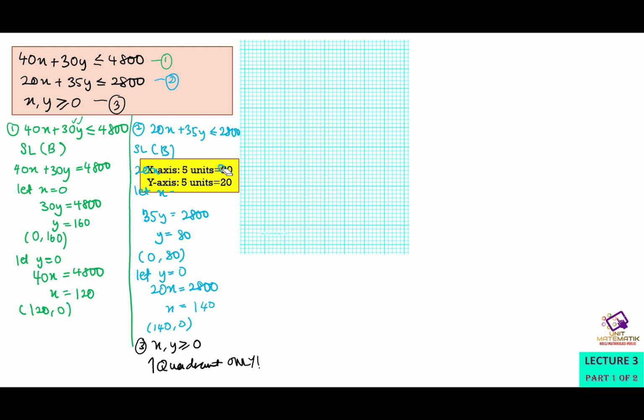I will erase this part so that you can see. Okay. For x-axis, we will have 5 units equals to 20. For y-axis, 5 units equals to 20 as well. So, draw your axis. So, this is your x and this is your y. And then, your scale.